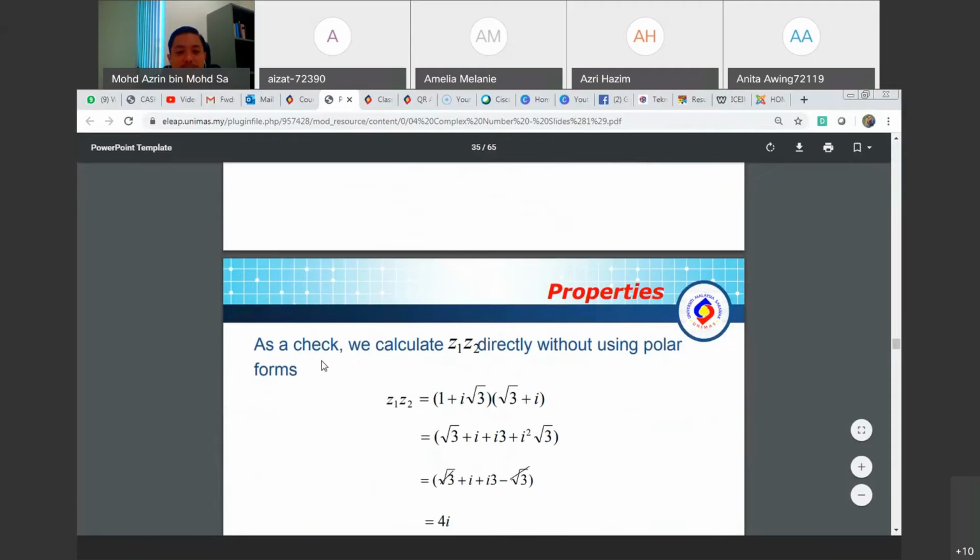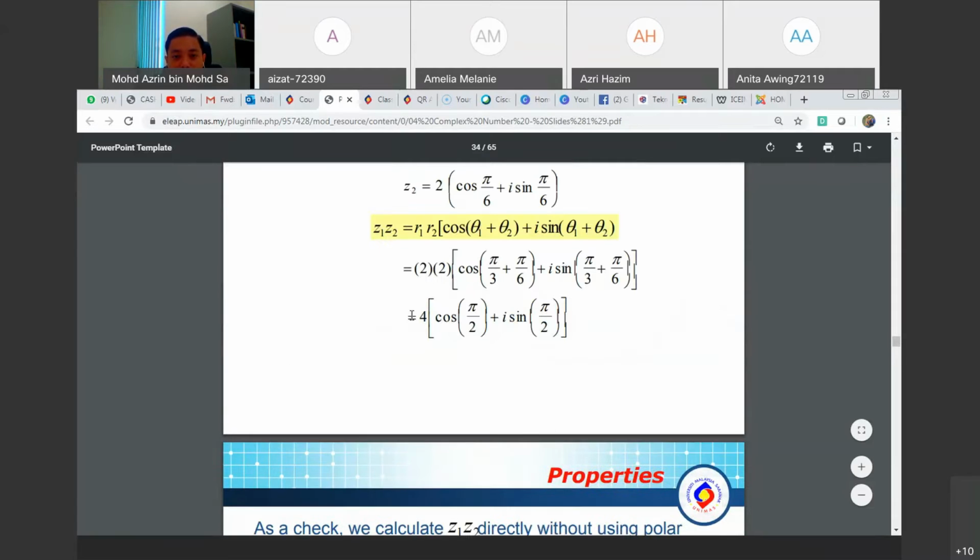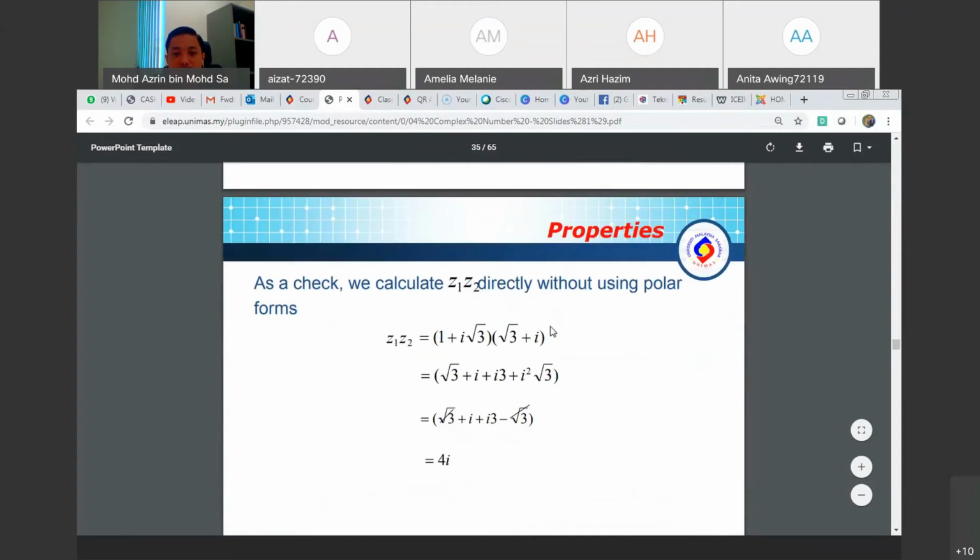So as a check, we calculate Z1 Z2 directly without using polar form. If we want to check whether our answer is correct, we can use the direct form, the ordinary complex number, without needing the polar form.